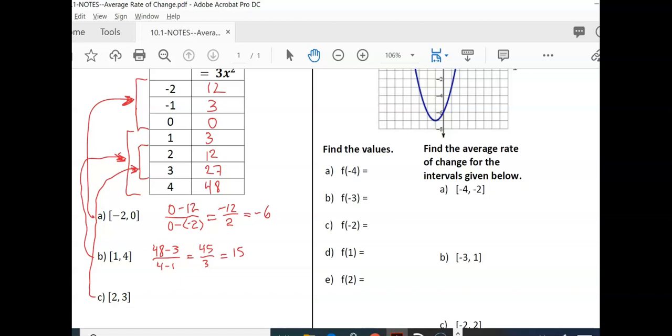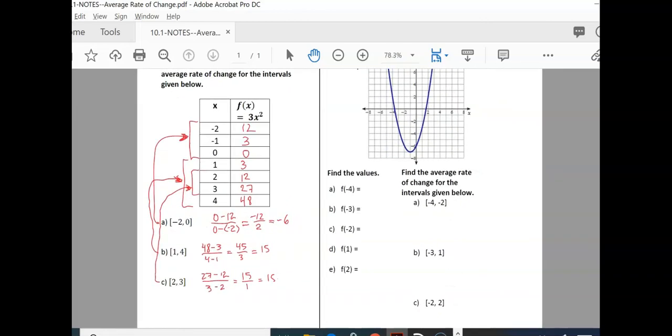And so from 2 to 3, we've got 27 minus 12, and 3 minus 2. 27 minus 12 is 15, and 3 minus 2 is 1. 15 over 1 is 15. So those are the average rates of change over those intervals.